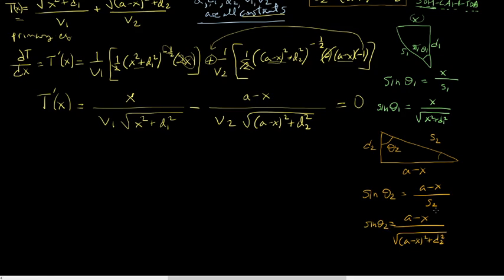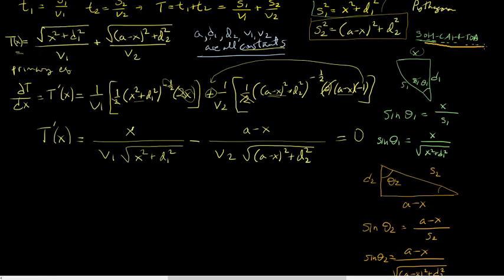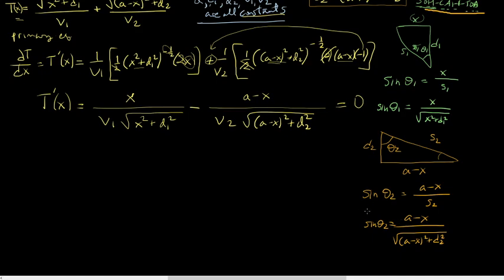So this is just trigonometry, right? SOHCAHTOA. Okay, now what? Well, let's go back to the expression here for t prime of x. This is the derivative of the time with respect to x. And let me just write it in a slightly different way.